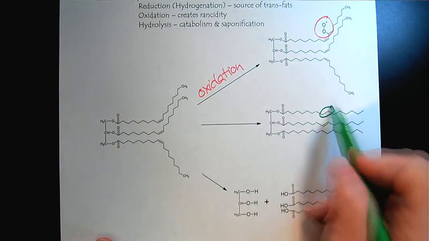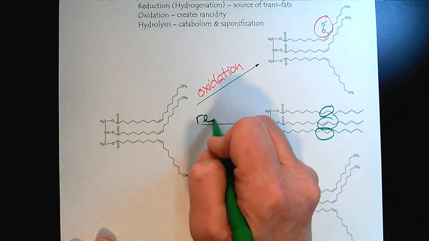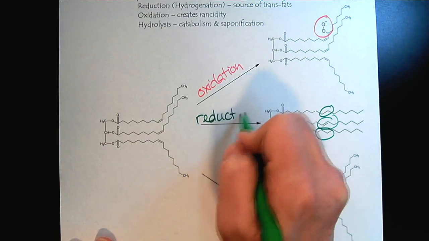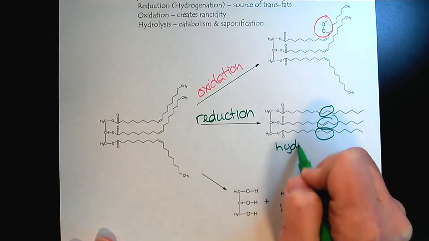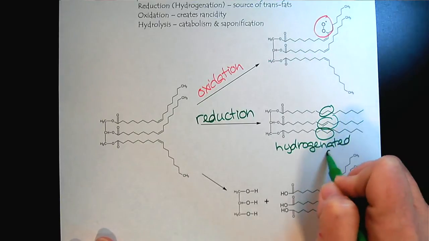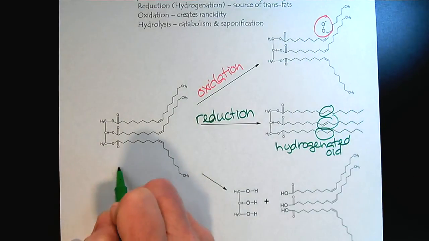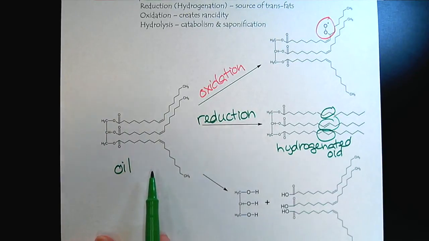We lost some of our double bonds, and then we ended up with a trans double bond. So this would be our reduction. This would be, for an example, a hydrogenated oil. With all of the cis bonds here, this is probably an oil. It's going to be a liquid at room temperature.